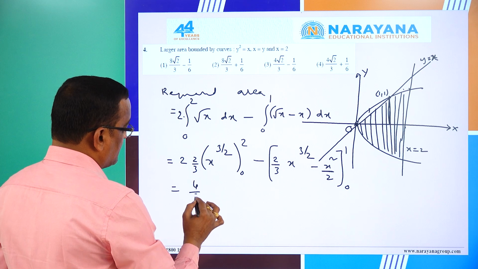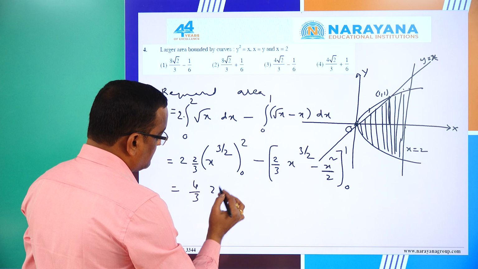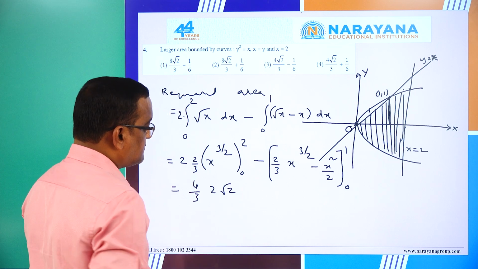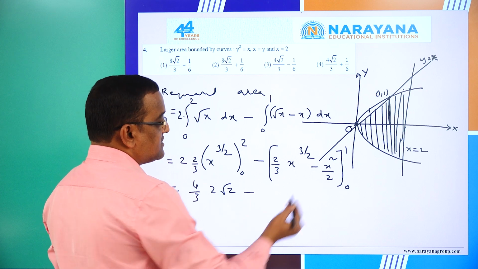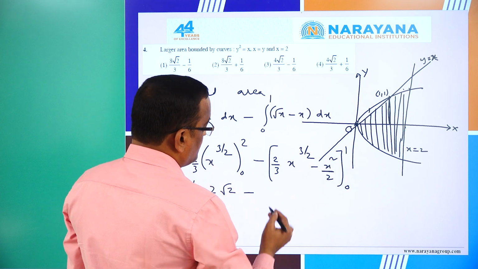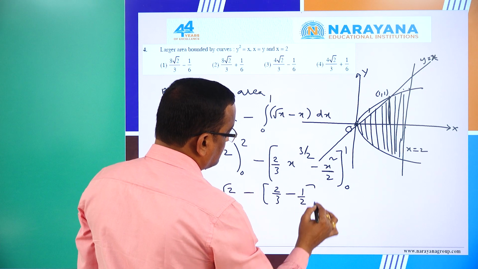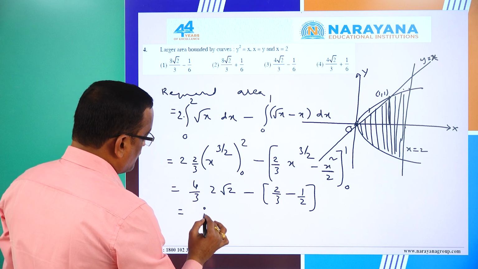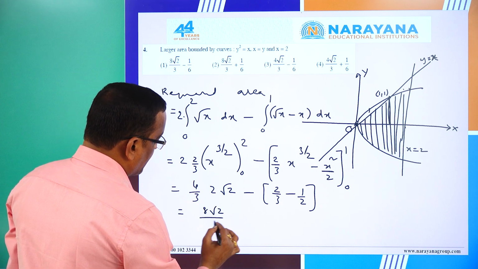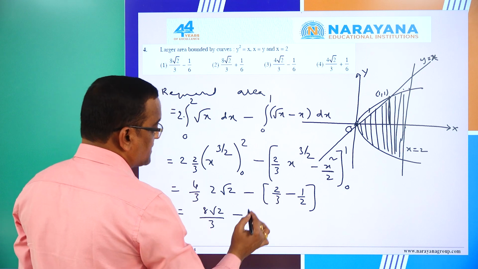This is 4 by 3, and substituting the upper limit we get 2^(3/2), nothing but 2 root 2, lower limit it will be 0, minus, substituting the upper limit it is 2 by 3 minus 1 by 2, and lower limit it is 0. So this is 8 root 2 by 3 minus 1 by 6.